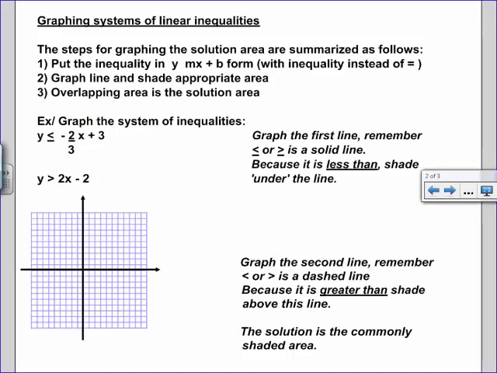So our y-intercept is 3, down 2, right 3. And you look at this sign, and this tells you it's going to be a solid line because it's less than or equal to.